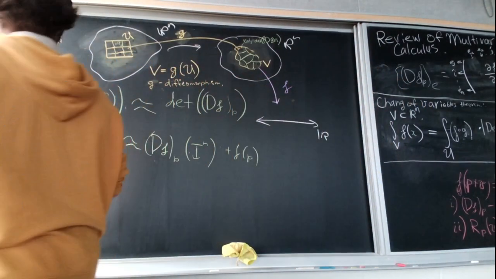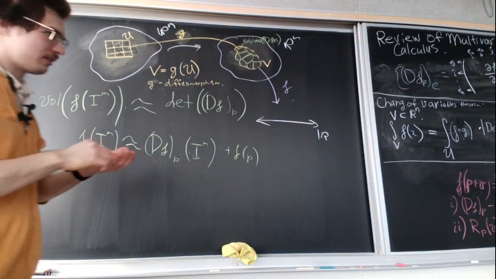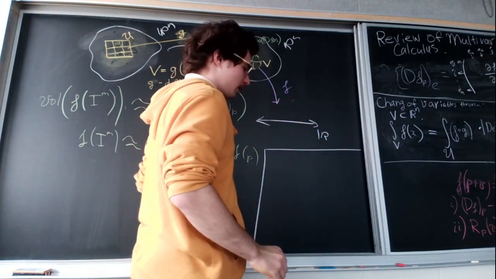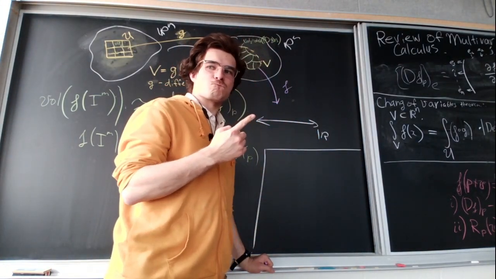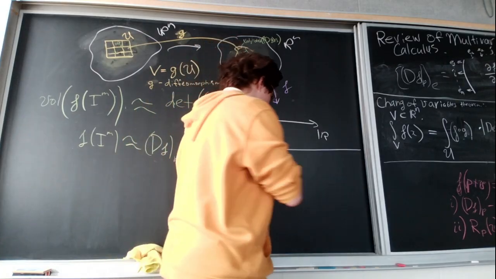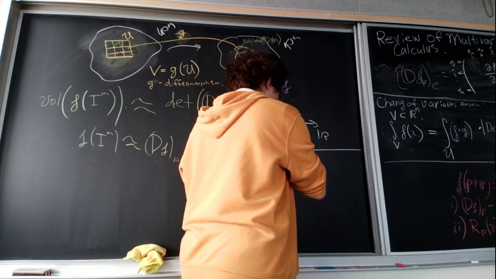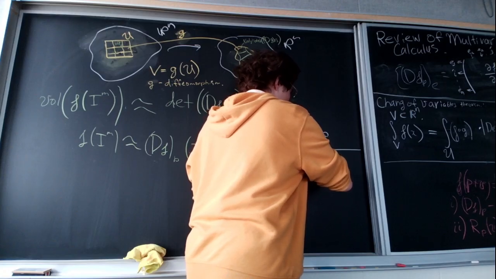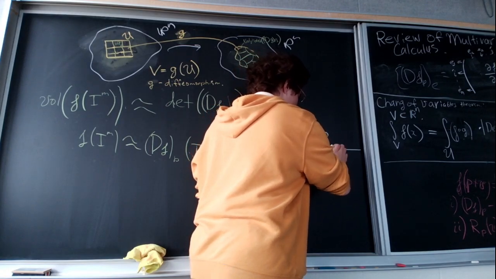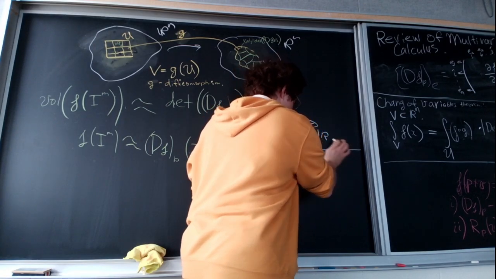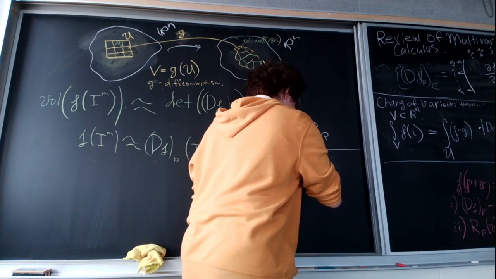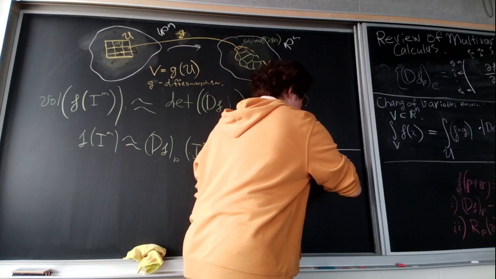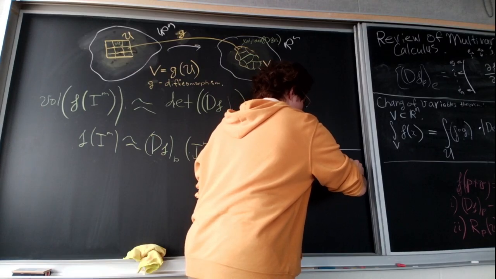Exercise is as follows. You have the set S1, which is the set x squared plus y squared equals 1, which is the set of pairs x, y in R2 such that x squared plus y squared equals 1.